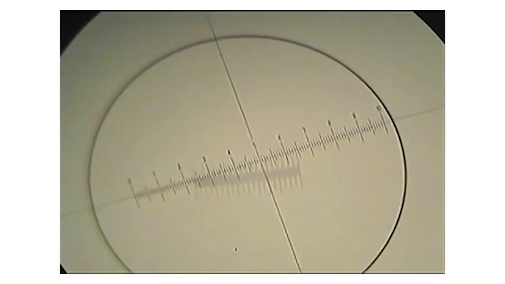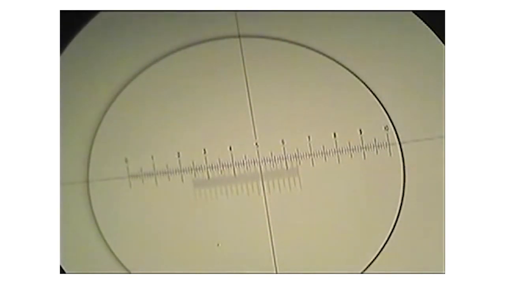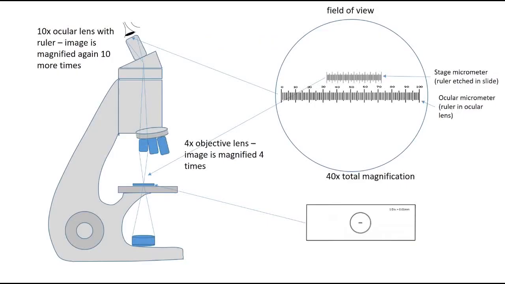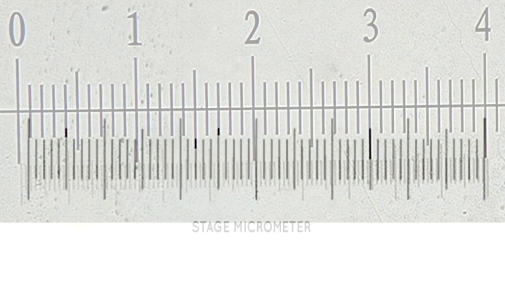Rotate the ocular until the lines of the ocular micrometer are parallel to those of the stage micrometer. Align the line at the left edge of the 2 micrometers by moving the stage micrometer. Count how many spaces on the stage micrometer fit precisely in a given number of spaces on the ocular micrometer.